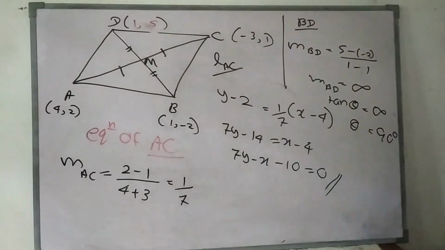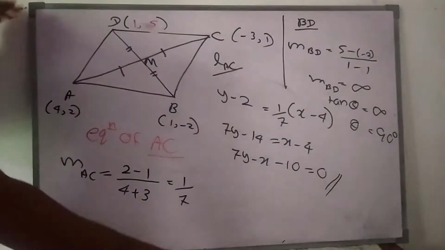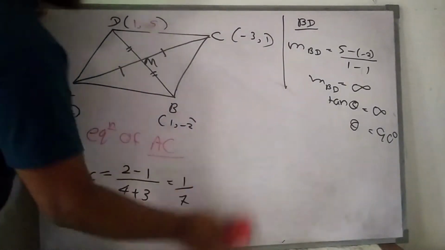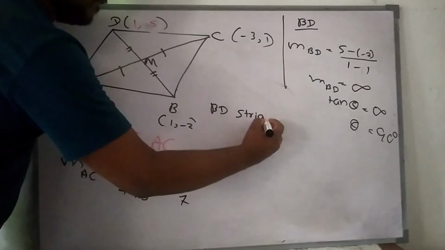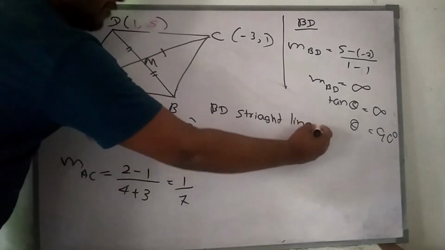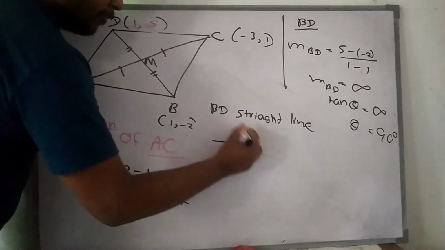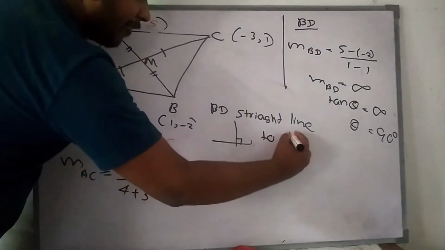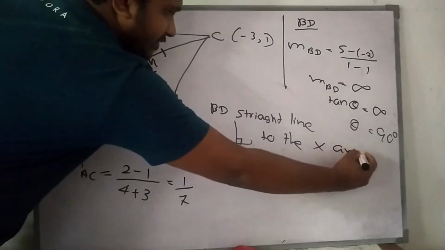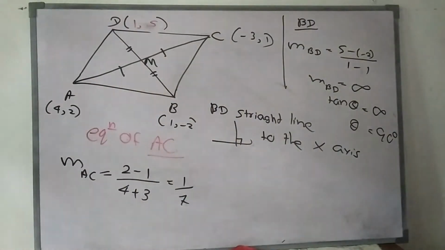So what does that mean? That means our straight line BD is perpendicular to the x-axis, right?